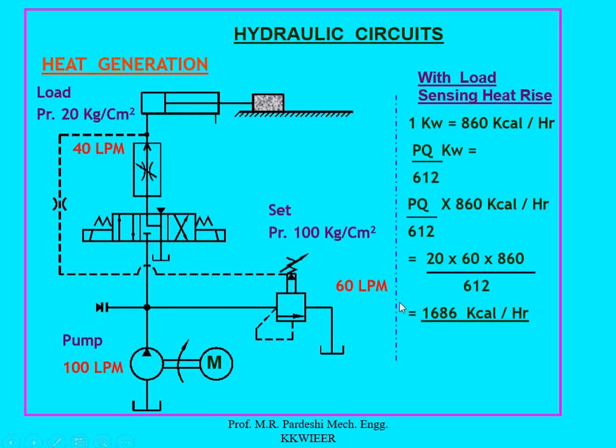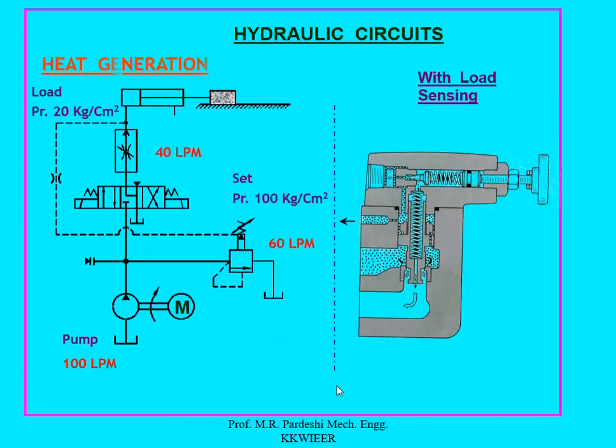Whatever the set pressure is, suppose the set pressure is 100 kg per centimeter square, the volume flow rate is 40 lpm, and the pump delivers a flow rate of 100 lpm. By putting the values in the above equation, we'll get the with-load-sensing heat rise.